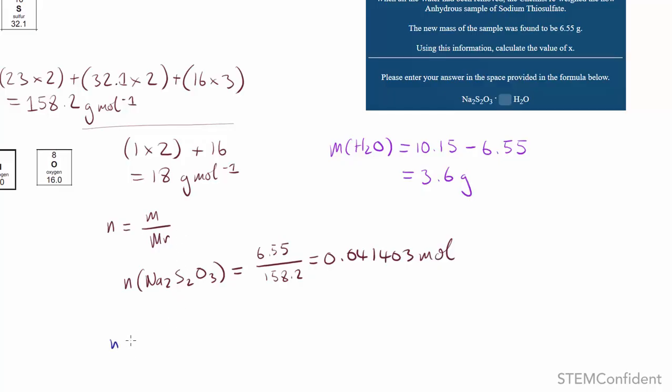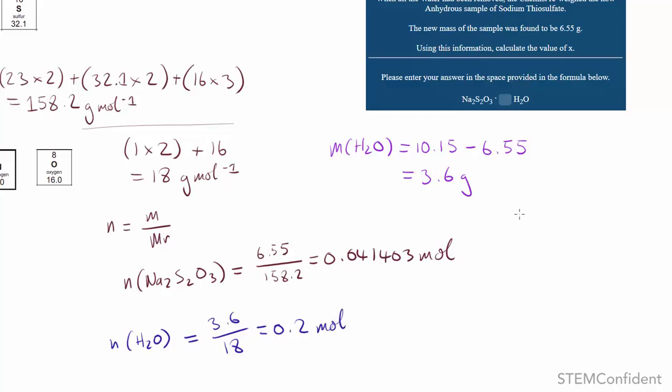So the number of moles for the H2O is going to be equal to, well, we worked out the mass to be 3.6, so it's going to be 3.6 divided by the molar mass, which is 18, okay? And if we do work that out, we find that this gives us 0.2, right? And that's going to be in moles, okay?